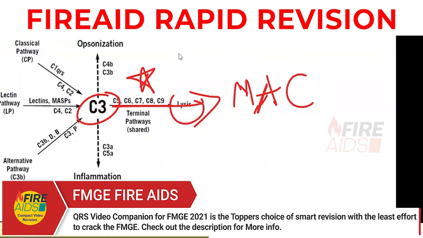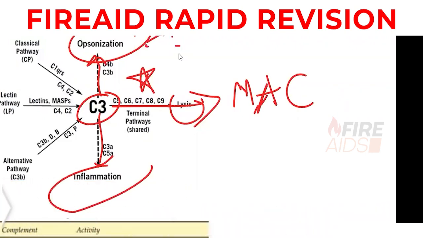Or this C3 can directly be involved in inflammation. This C3 is tagging, so opsonization, so that other cells can go and attack them. So C3 is the central, key player of the complement system.